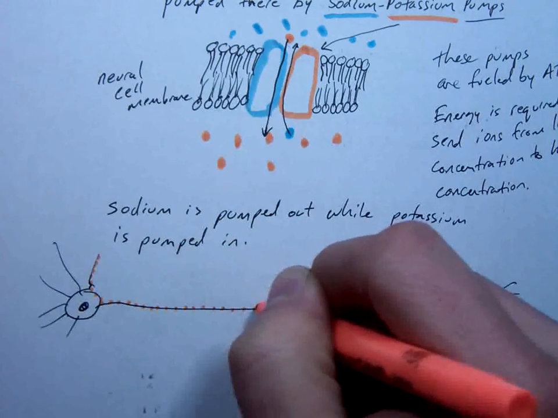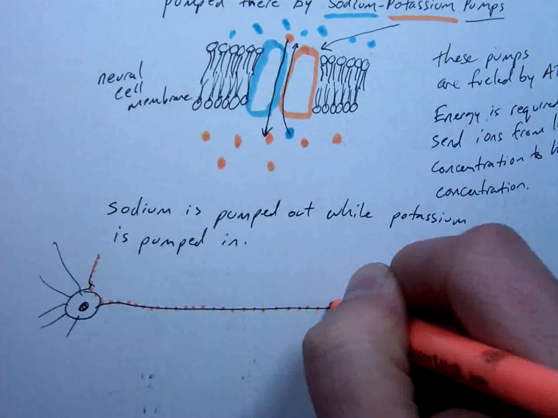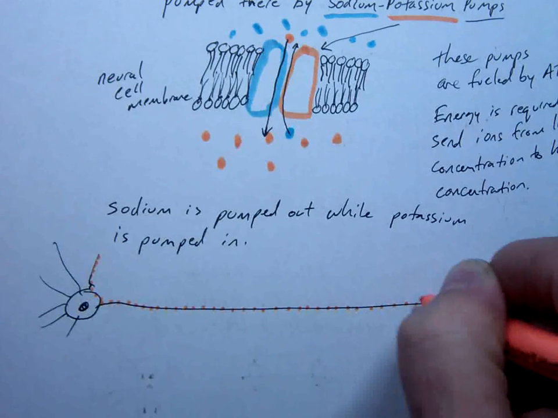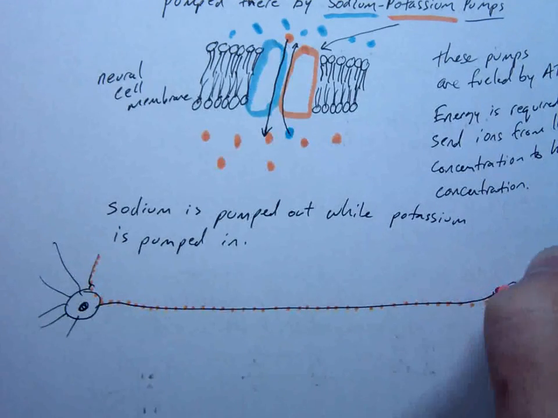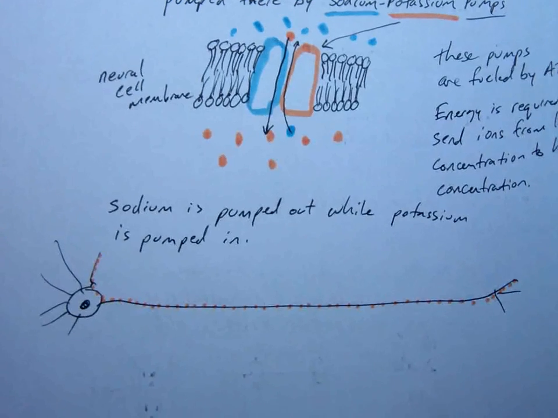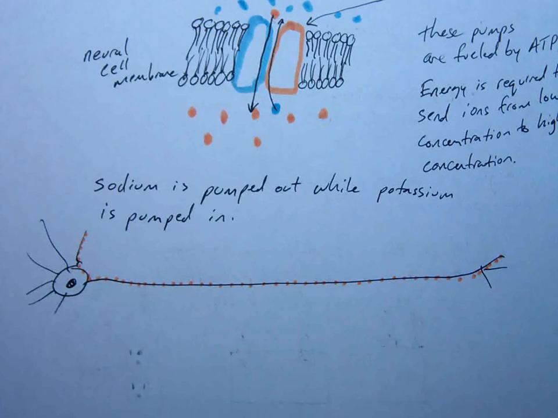These pumps are all along the axon. And it's not just one or two of them. There's thousands and thousands of these things in every neuron. And it's not just one in this section. This section is a tube, and the tube is surrounded by these things. They're all working. That's why nervous tissue is so expensive. To be able to do its job, it has to constantly be reset.